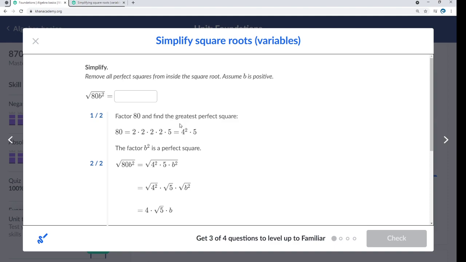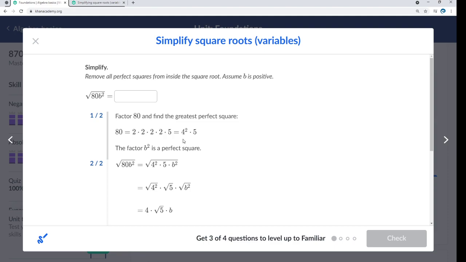All right. So it's not that much different than the past ones. It's just that the variables are screwing me up a bit. But this is very similar to what was done in the past, right? So you have all these values here, and that becomes 4 to the second power times 5, and we're still looking for the square root of all of this.